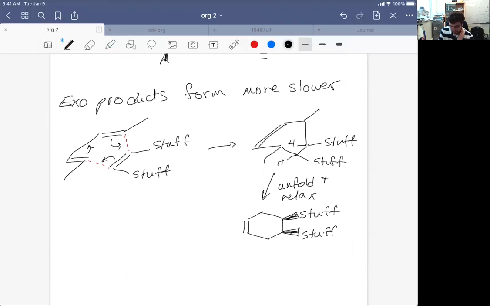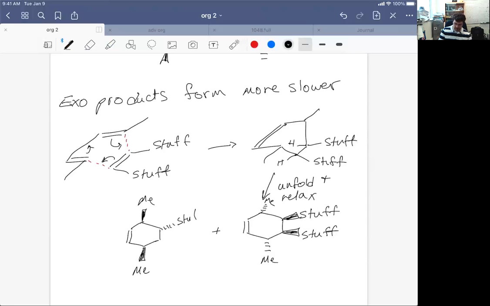Before that didn't matter, because before we just had this structure and this structure, both wedges or both dashes, they were the same. But here now I've got my methyl groups dashed. And so we would say that this is one enantiomer of the exo diastereomer, where we flipped some but not all of the stereocenters from our previous example.